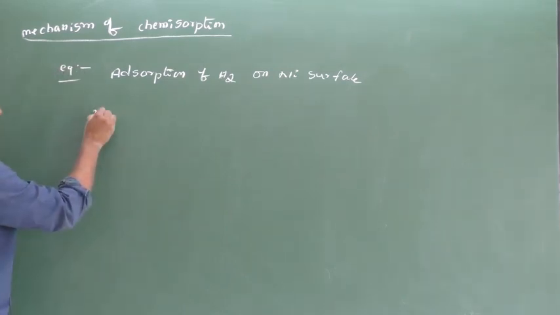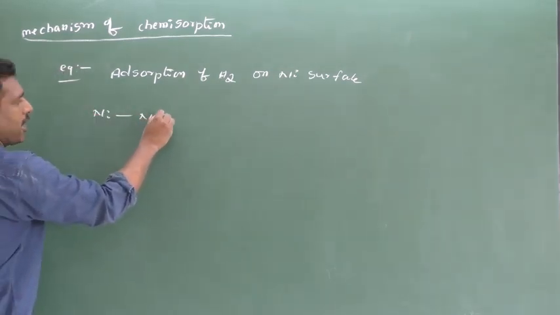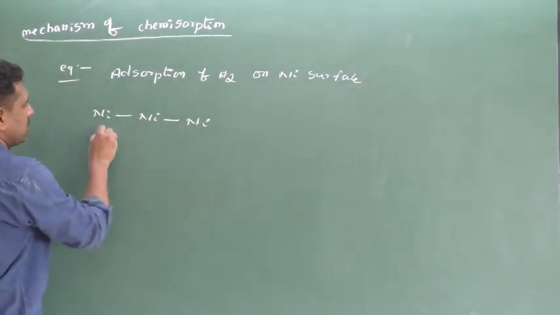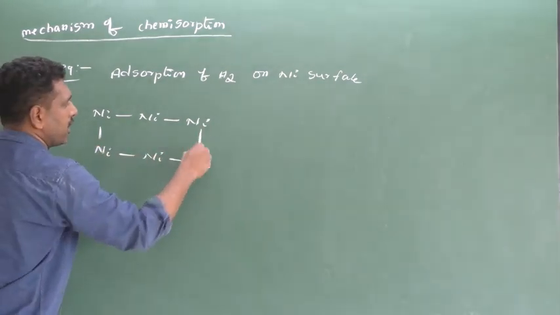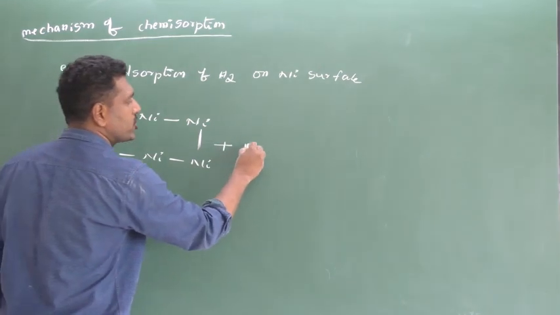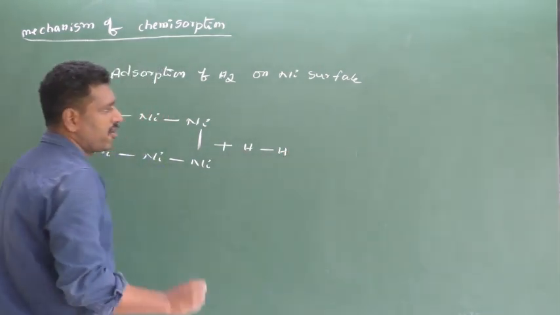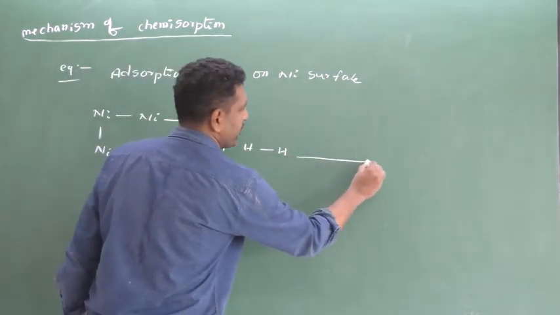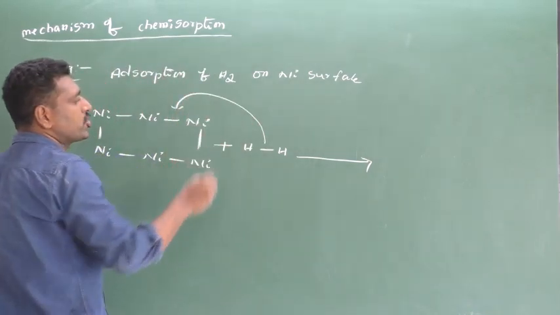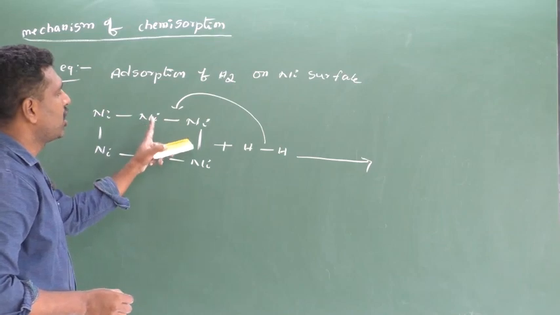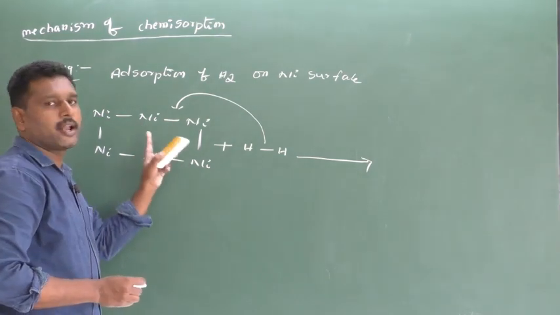If you take nickel metal here, these are nickel atoms like this. So for the hydrogen molecule, two steps are involved. First step, adsorption takes place. Observe, the hydrogen molecule is adsorbed on the surface of the nickel metal.